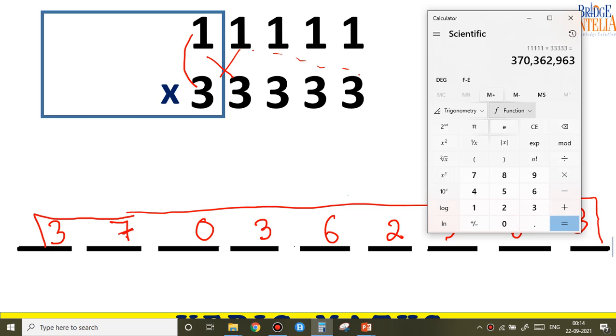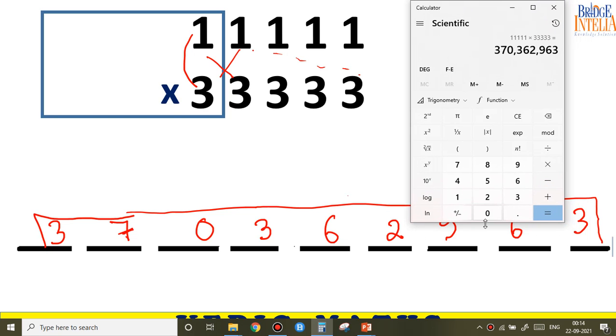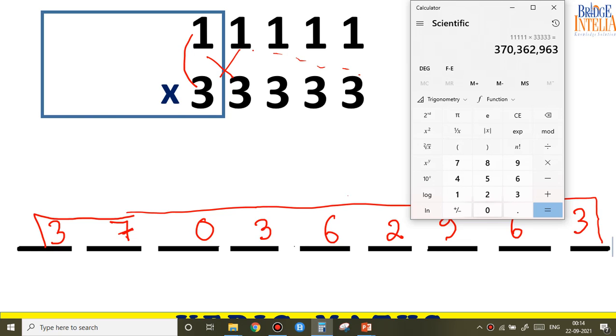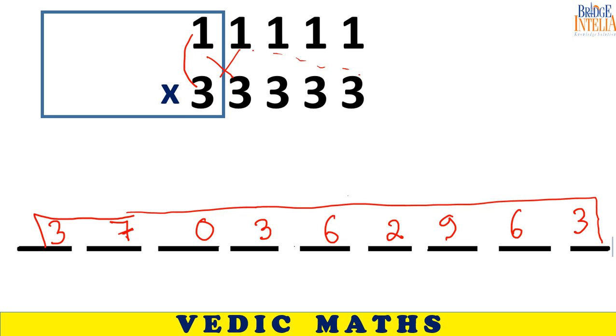Does the answer match or not? Let us verify. The answer given by the calculator is the same as that we found using our shortcut method: 370362963. So yes, this method works.